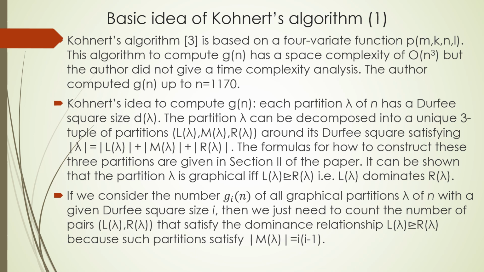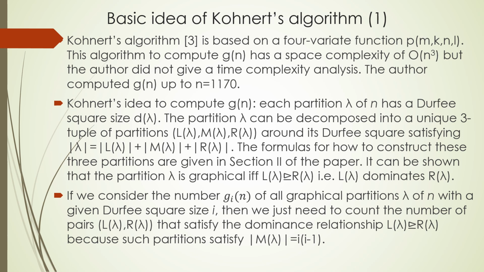So in order to calculate the function Gn, we can classify all these graphical partitions of n into several classes according to the Durfee square size. So we can use Gin to represent the number of graphical partitions of n with given Durfee square size i.